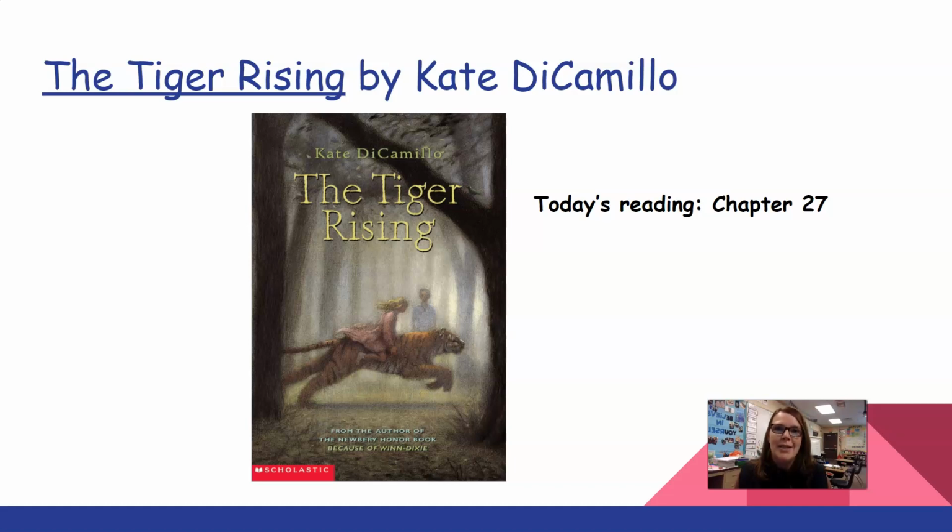What happens next? What's Beauchamp going to say? Willie Mae knows about the tiger. What's she like? If you're at home, write some of your questions down. If you're in the classroom, write your thoughts down or even predictions as to where this is going.